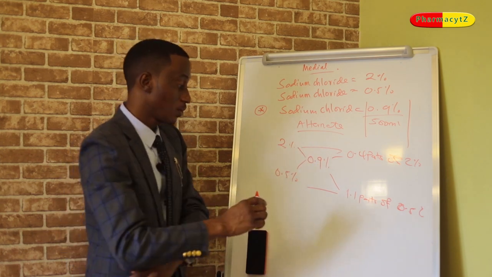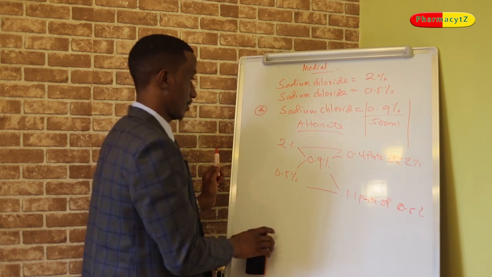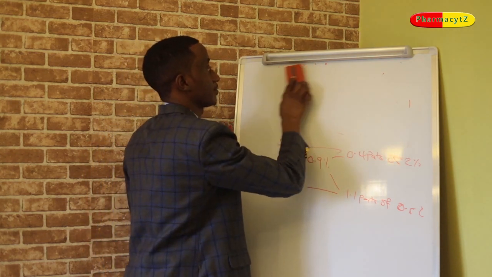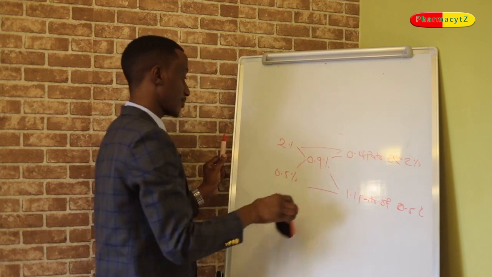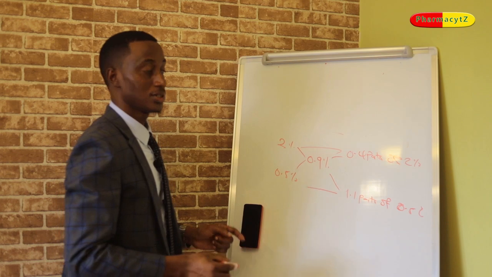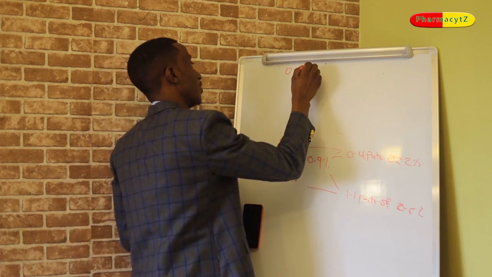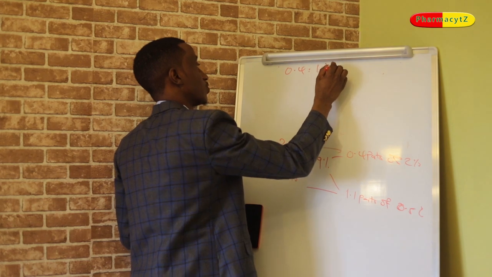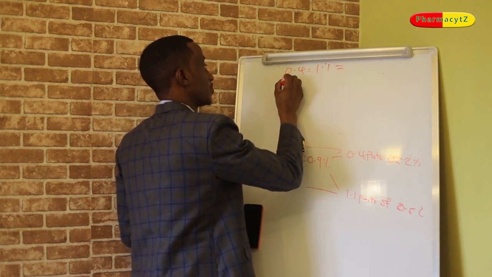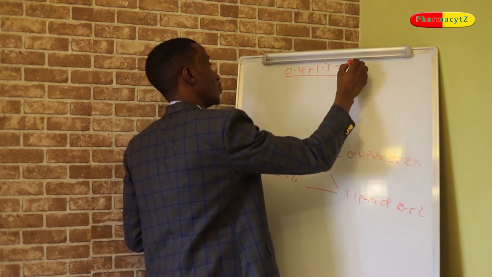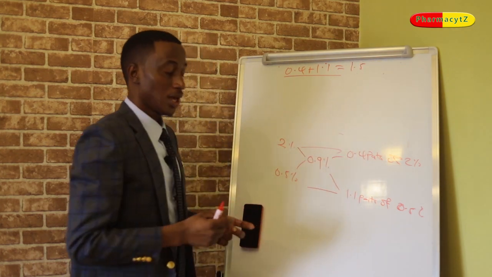So in this question, we obtain the number of parts. Okay, let's check the number of parts. We have 0.4 parts and 1.1 parts. And this is 0.4 ratio 1.1. So the total parts, this is 0.4 plus 1.1, and that is 1.5.